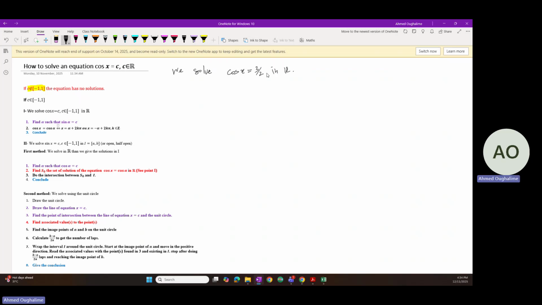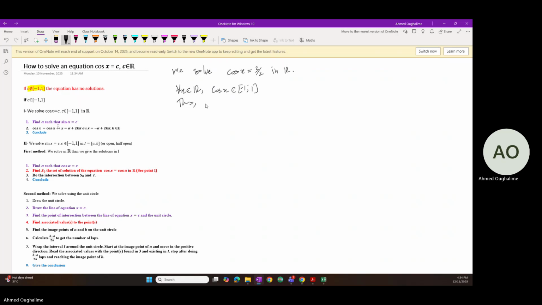Now, in this situation, I have just to state that whatever my number in R, the image of my number by the function cos is between -1 and 1. So the image of any real number that we can imagine will never be equal to 3/2.